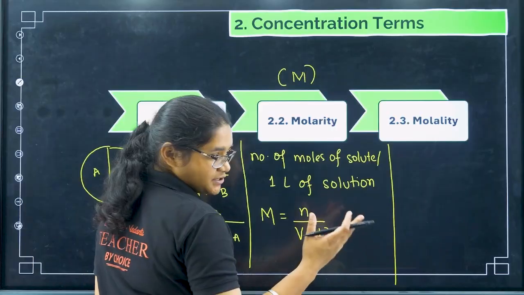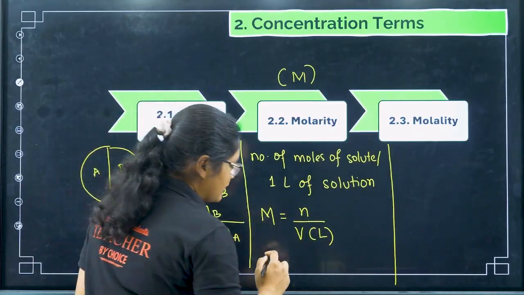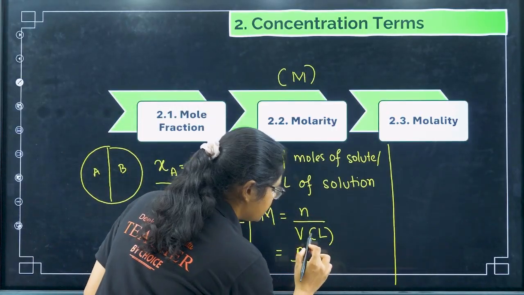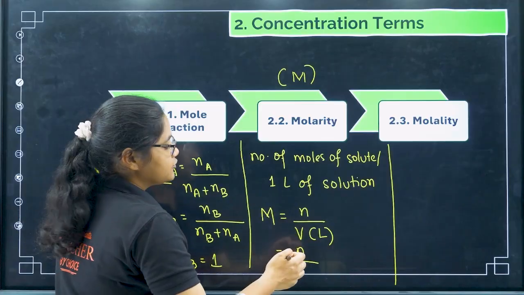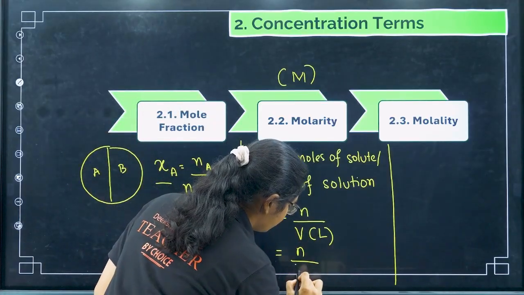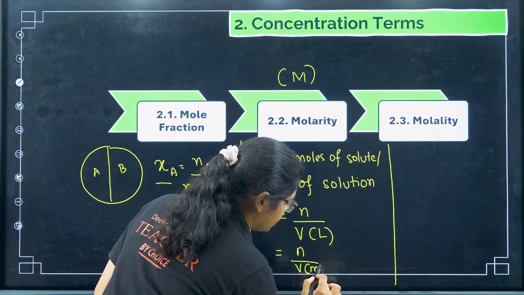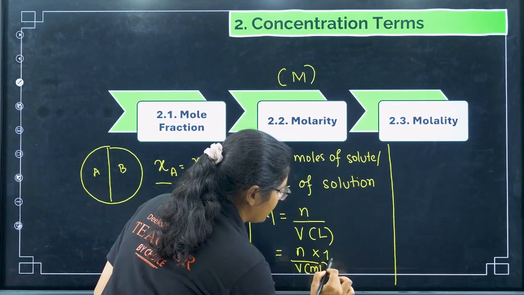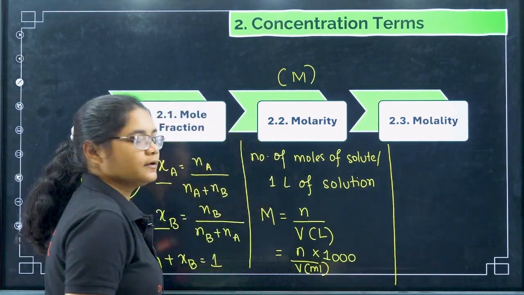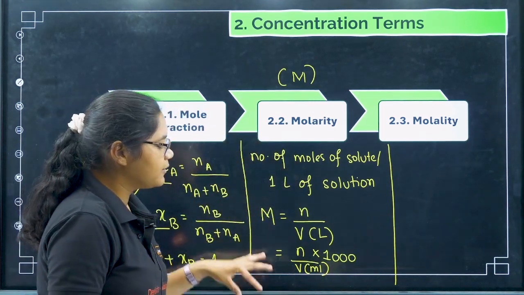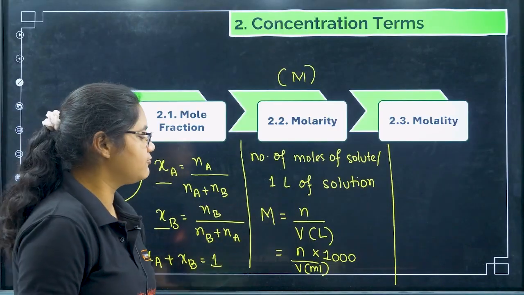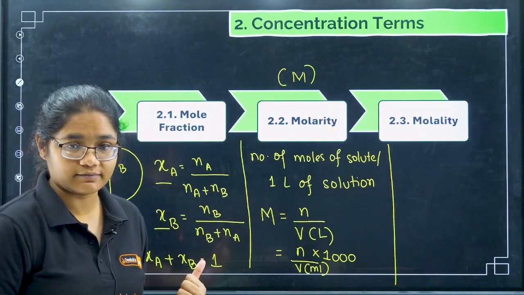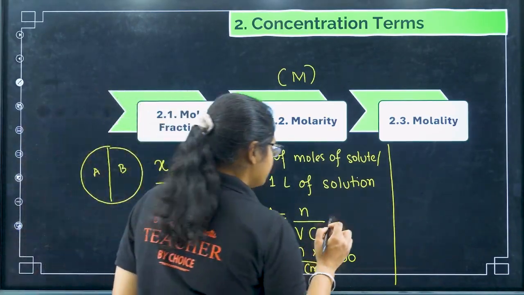Next, if the volume is given in milliliter in the question, then what will I do? I'll convert the liter to milliliter, so if the volume is given in milliliter, then you have to multiply by 1000 here. Now what else can I modify? Suppose directly the number of moles is not given, mass is given to you, then how will you do it?